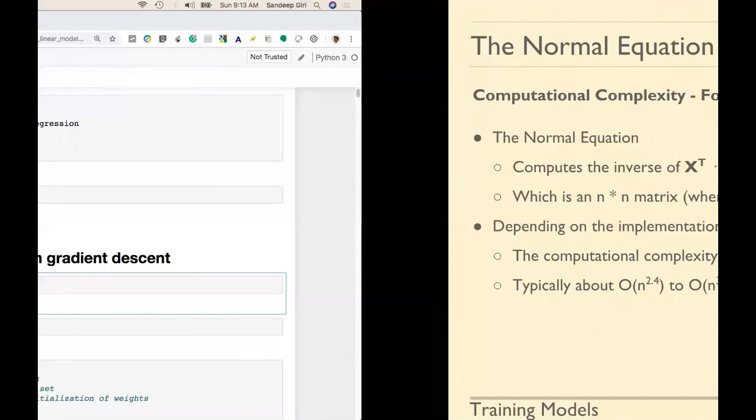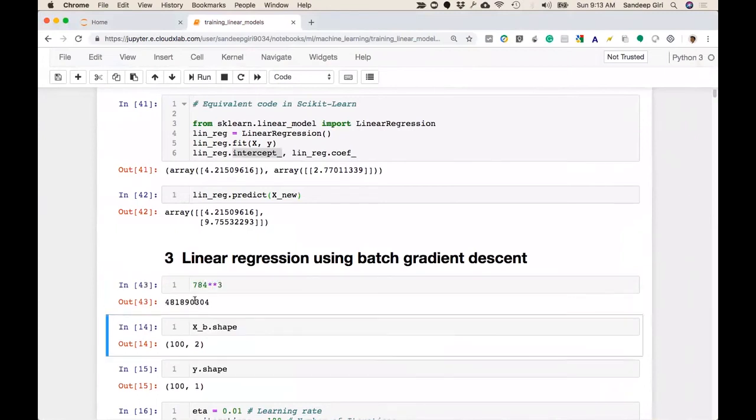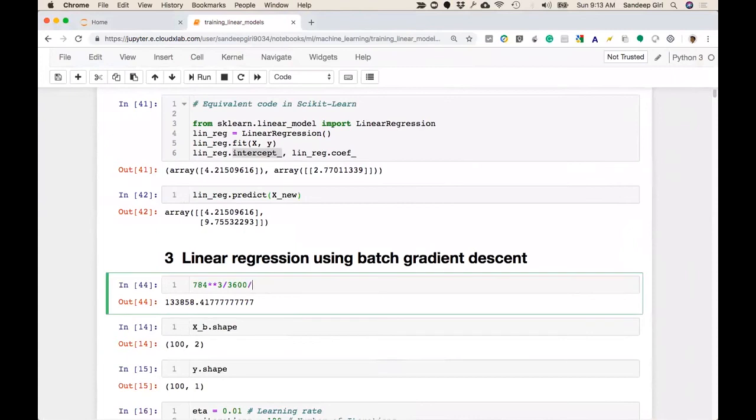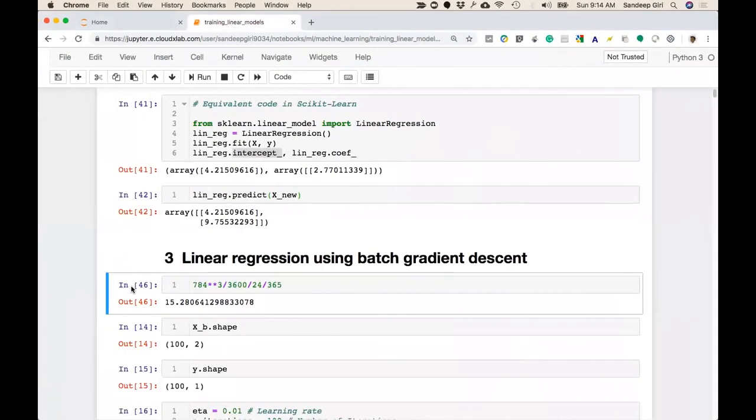These many seconds, these many hours, these many days, and these many years. So you can see the impact. If for one column it was taking 1 second, it's going to take these many years for MNIST.